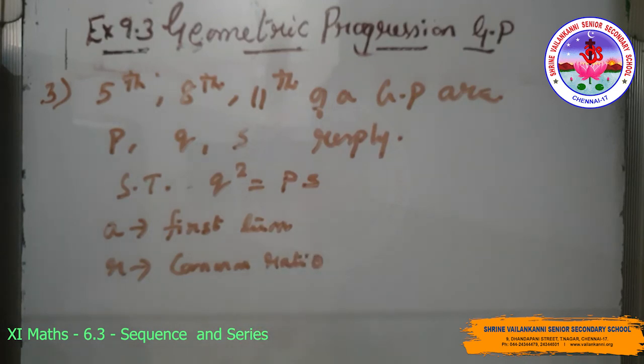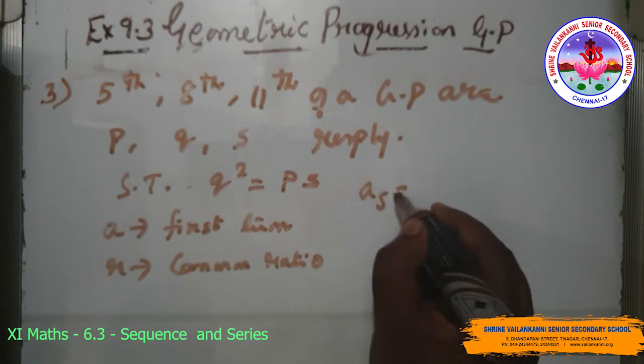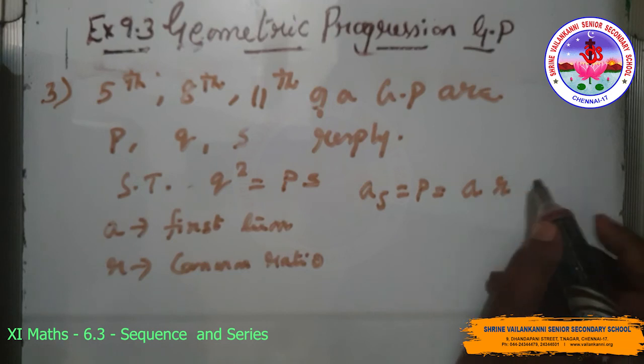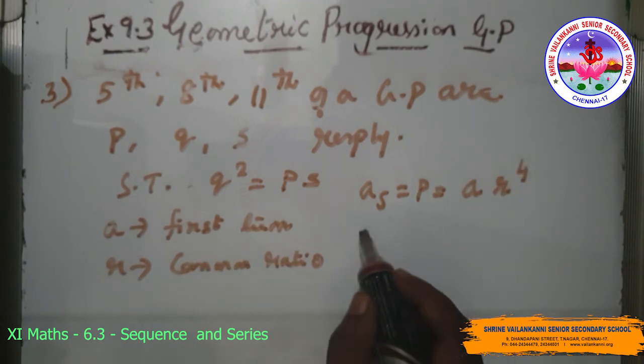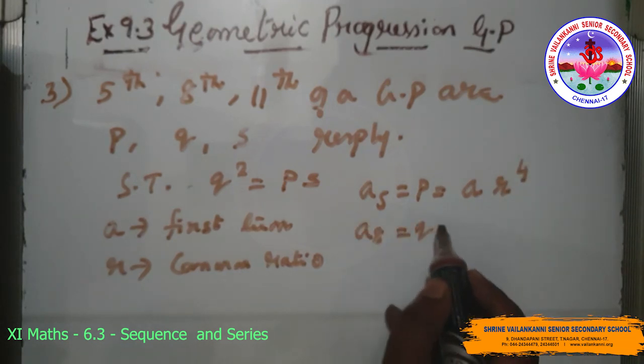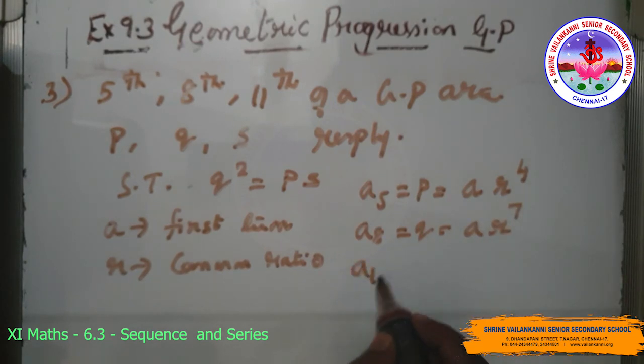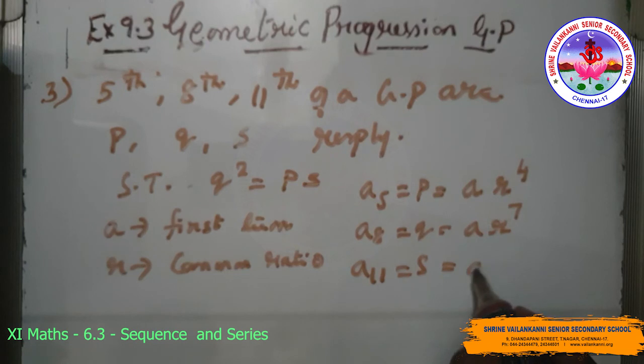Then according to the question, a5 is p, which is a r power 5 minus 1, that is 4. And a8 is q, which is a r power 8 minus 1, that is 7. And a11 is s, which is a r power 11 minus 1, which is 10.